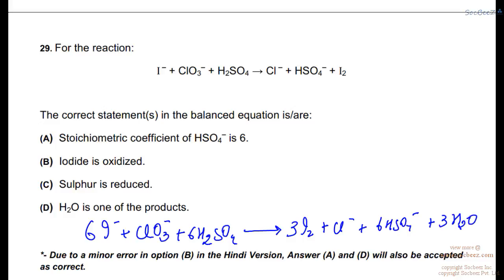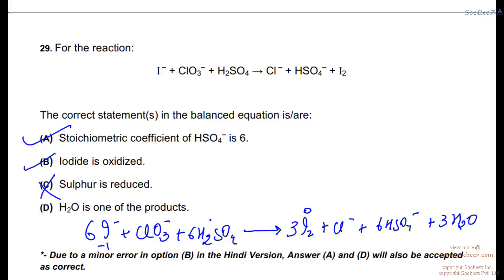So option A, stoichiometric coefficient of HSO4 negative is 6. This option is correct. Iodide is oxidized. This option is certainly correct because the oxidation state of iodine in iodide is -1, and here its oxidation state changes to 0. So iodide is oxidized.